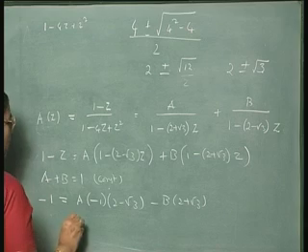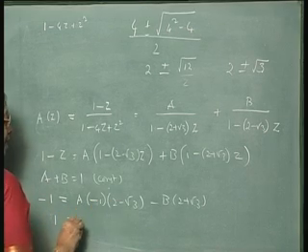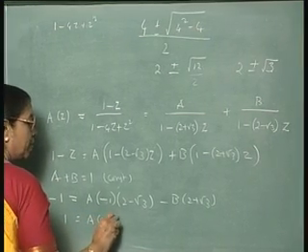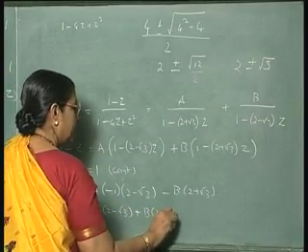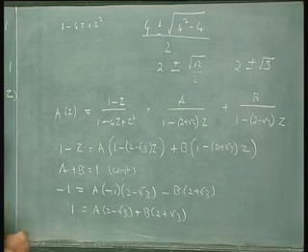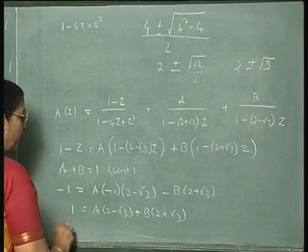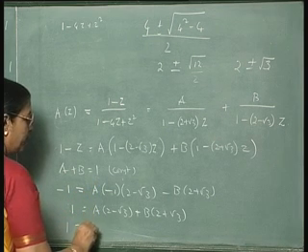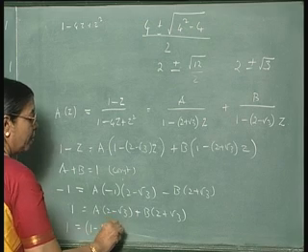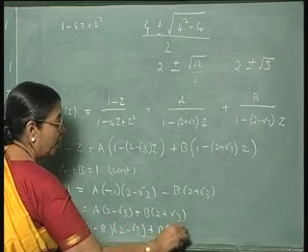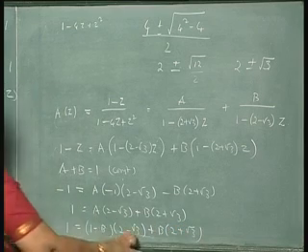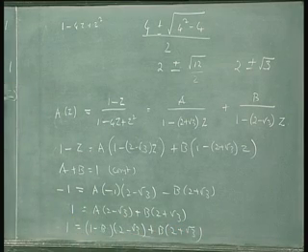So 1 equal to, if you remove the minus sign, a into (2 minus root 3) plus b into (2 plus root 3). Now making use of this, a is 1 minus b, so 1 is equal to (1 minus b) into (2 minus root 3) plus b into (2 plus root 3). Let us simplify and see what we get.